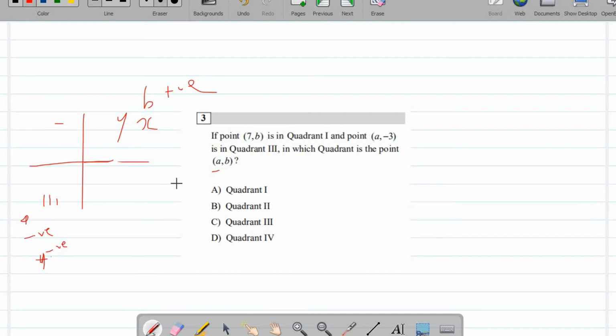We know that a is negative, but b is positive from what we have done here. If b is positive, y can only be positive anywhere above this place. But where is x negative? x can only be negative on this side. So we have quadrant 2. The answer is quadrant 2. Let's move on to the next one.